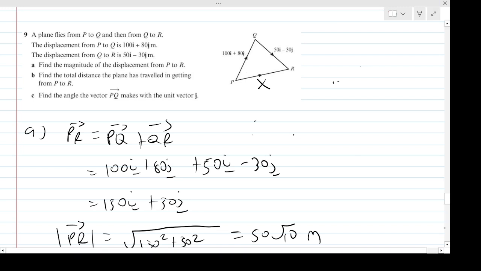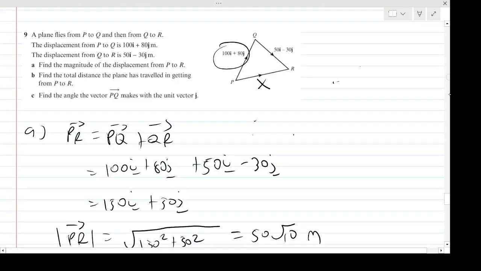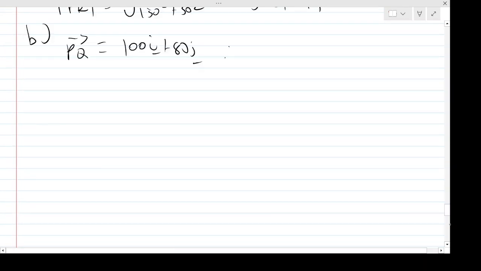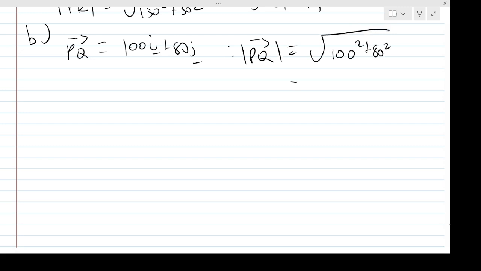So firstly, PQ, where PQ is 100i add 80j. The magnitude of PQ is going to be root 100 squared add 80 squared, which would be 20 root 41 meters.